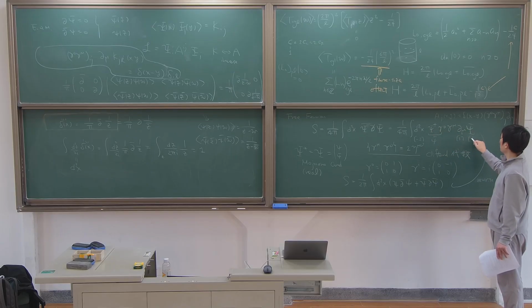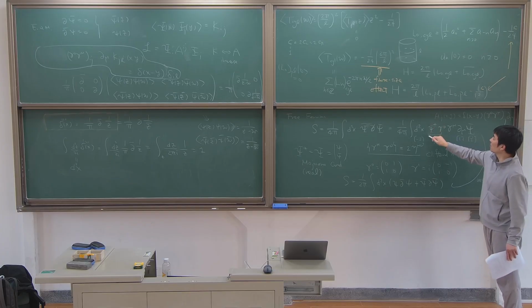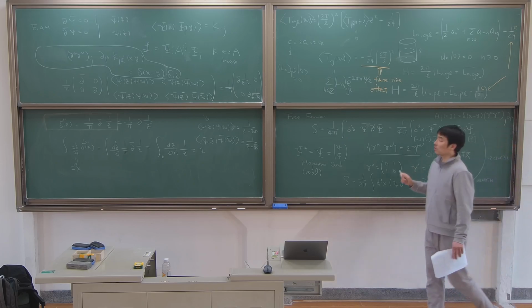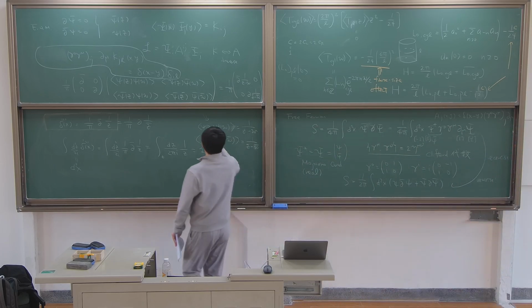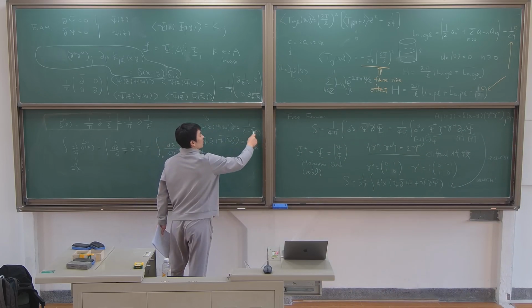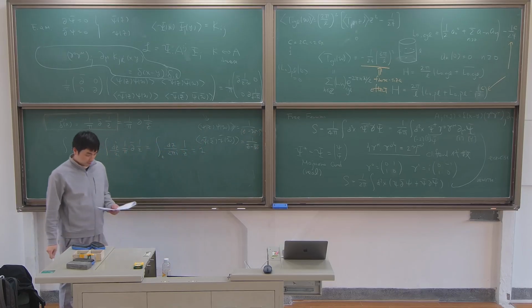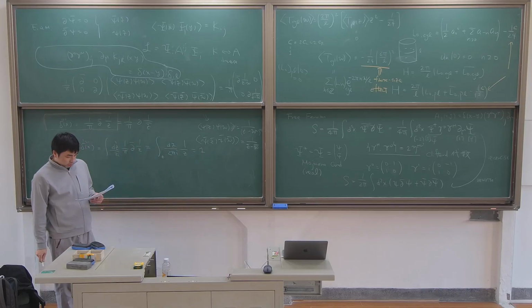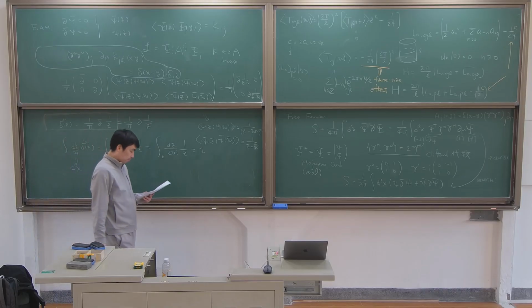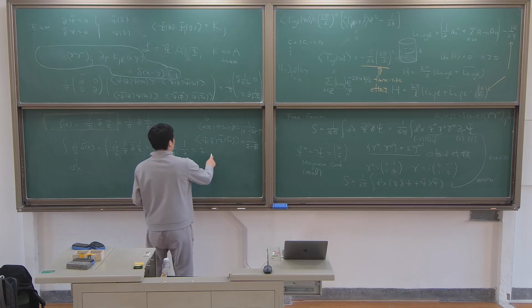Therefore, you should have 1/2 and 1/2, and then cancel each other. So if you have 1/2 plus 1/2, the order should be 1. The pole should be of order 1. Okay, fine.